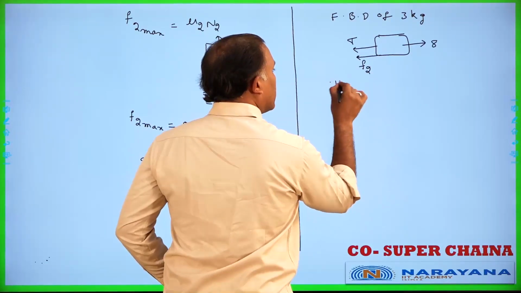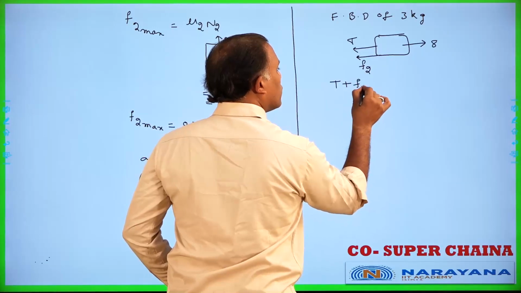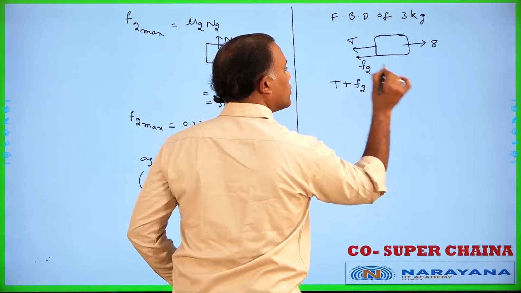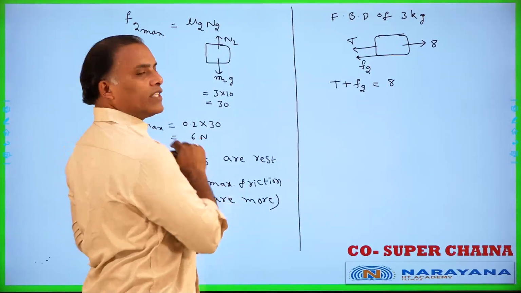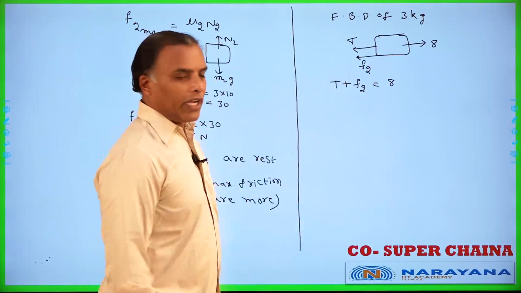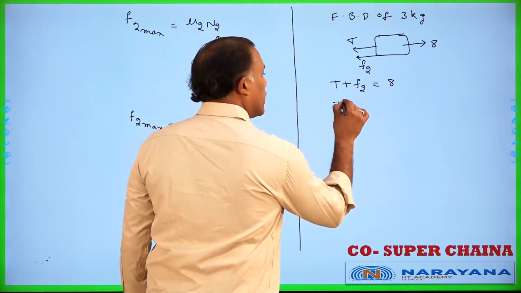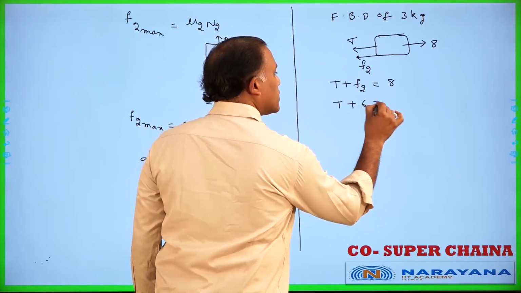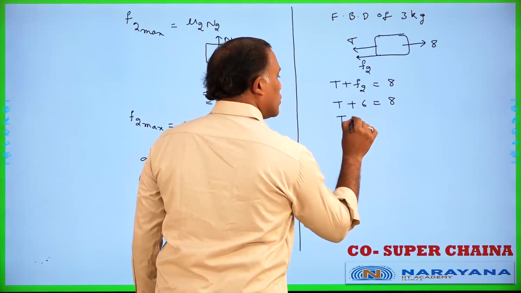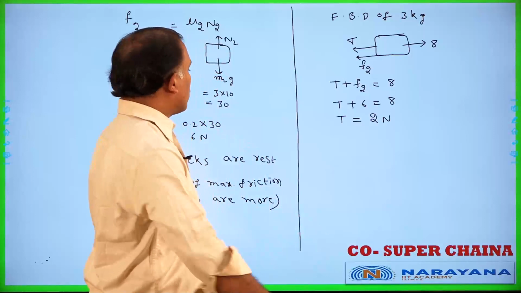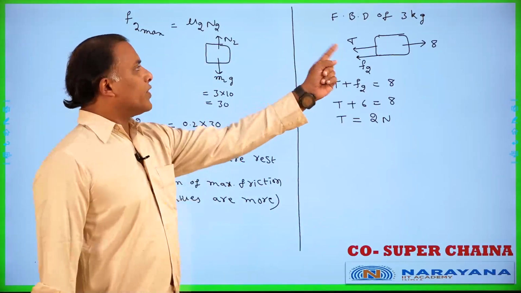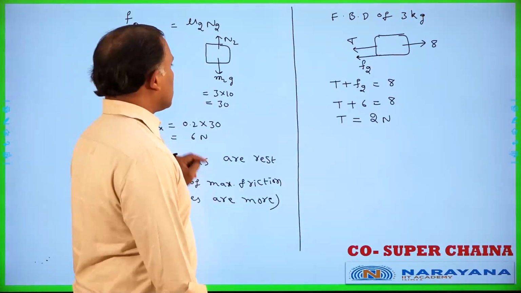So we can write T plus F2 is equal to 8. Applied force is 8, maximum friction possible is 6, so I take 6 here. Then T plus 6 is equal to 8. So T is equal to 2 Newton. Tension in the string is 2 Newton. Friction on the 3 kg block is 6 Newton.